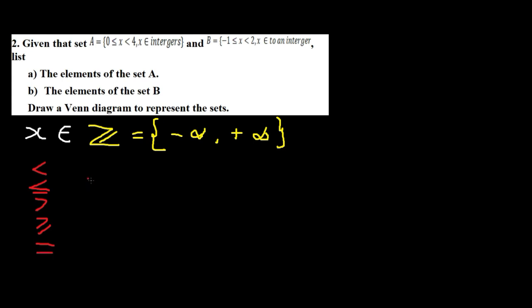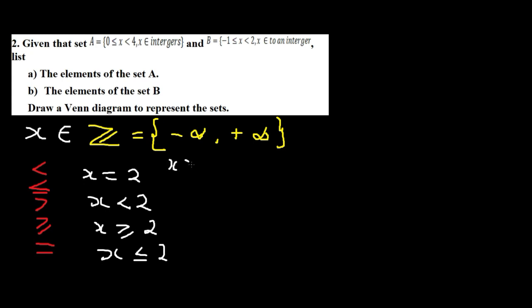If we take, for example, x equal to 2, x less than 2, x greater than or equal to 2, x less than or equal to 2, and finally x greater than 2. So these are 5 cases, and we have included the equality.